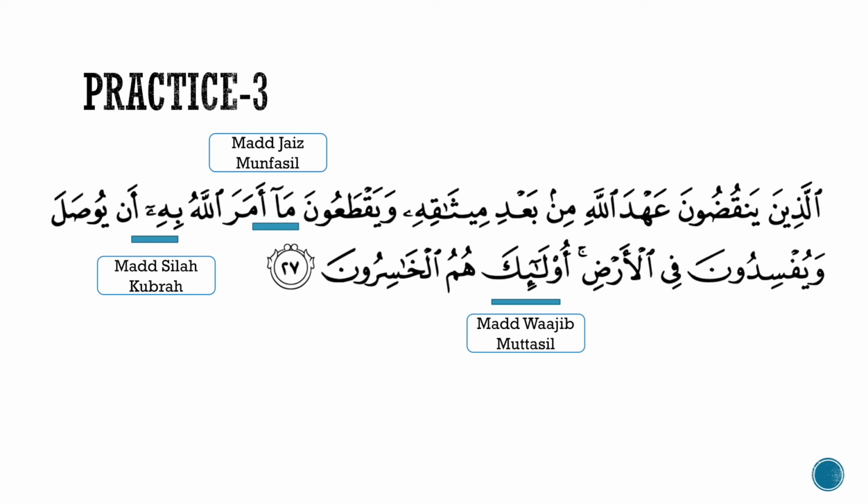We have mad wajib muttasil for the word ulaika, because there is a hamza in the same word after huruf madda. And lastly, we have mad arid on the word al-khasirun, as we are putting a temporary sukoon on the noon after huruf madda as we are stopping.